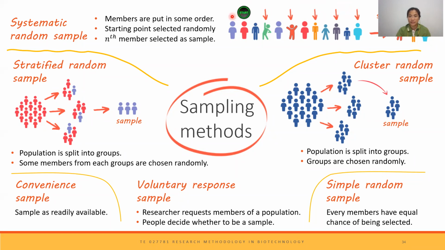You could start at person number 1 and pick every 3 people, or start at number 3 and pick every 2. So that is a systematic random sample. It's still random, but it has some systematic work in how you get the random number.